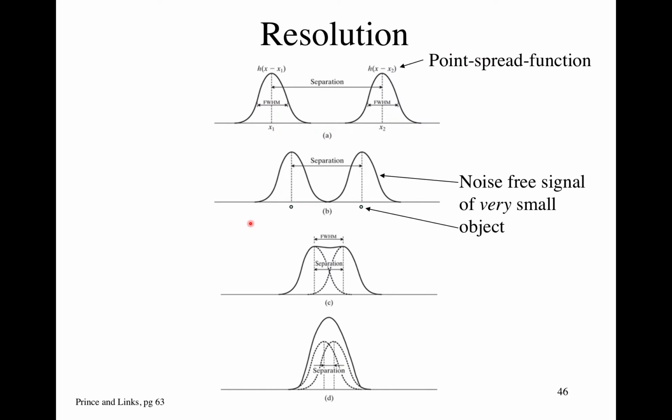We talked about this last time, that we have another way of characterizing spatial resolution: put a very small object, let's say the size of the laser pointer here, a little dot, and we image that dot. That's the only thing in the field of view. In X-ray you could use a gold bead.